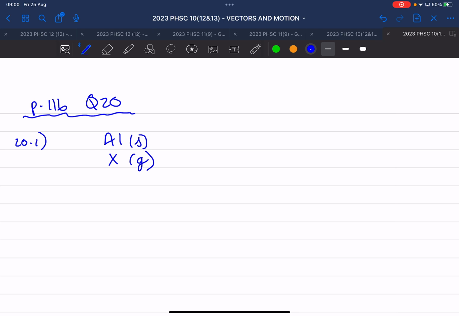Now they say the initial EMF measured under standard conditions, so the EMF of the cell under standard conditions is 2.89 volts. Okay, now they ask, state the standard conditions under which the cell operates.